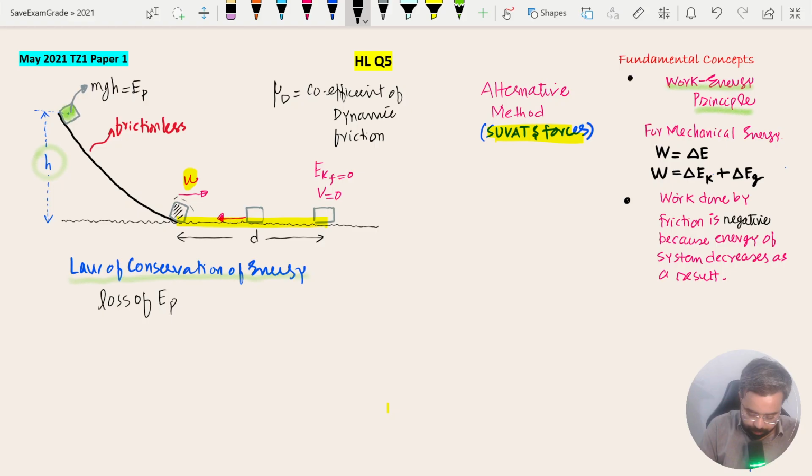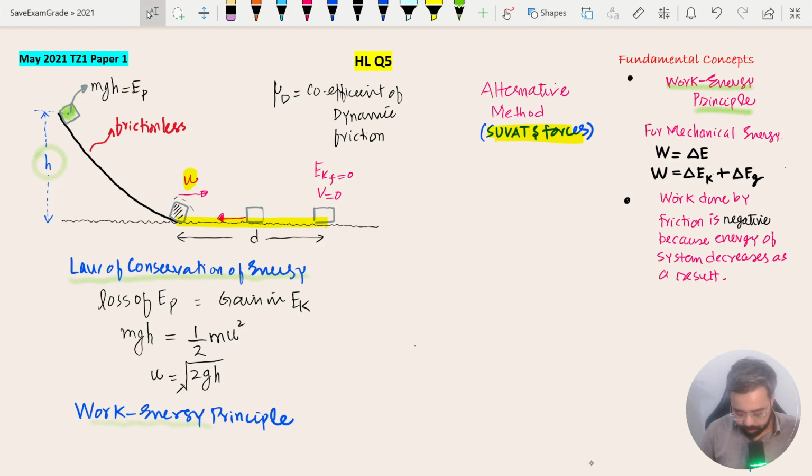No energy is lost, so mgh is equal to the kinetic energy, 100% converted. So from here we get the initial velocity for that rough surface, which is square root of 2gh. So let's apply the work energy principle.